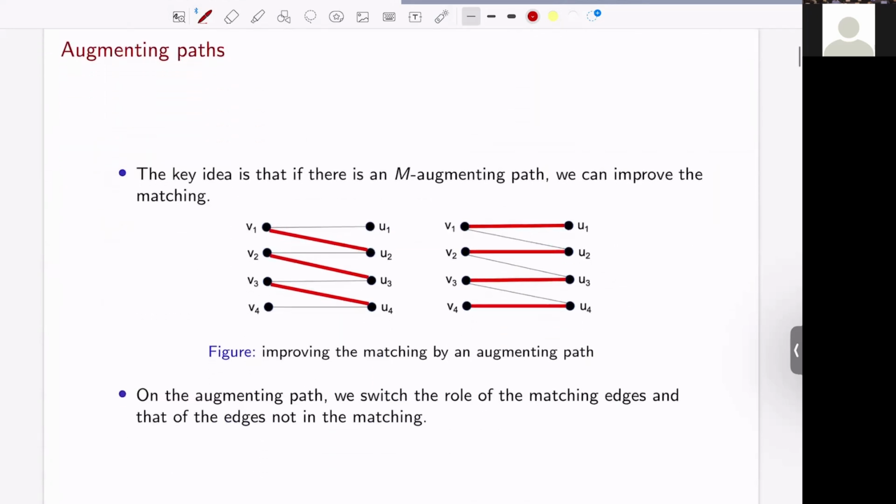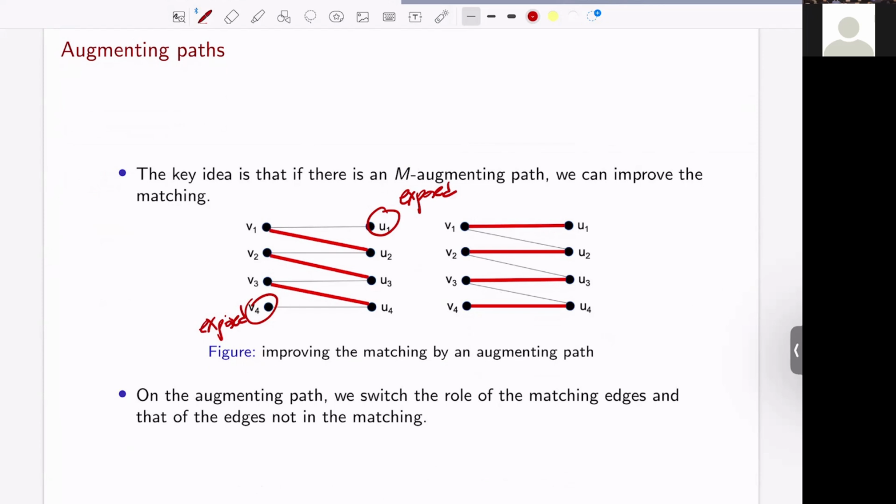And in this example, you look at a path from U1 to V4. U1 and V4 are M-exposed, which means they are not covered by a matching edge.